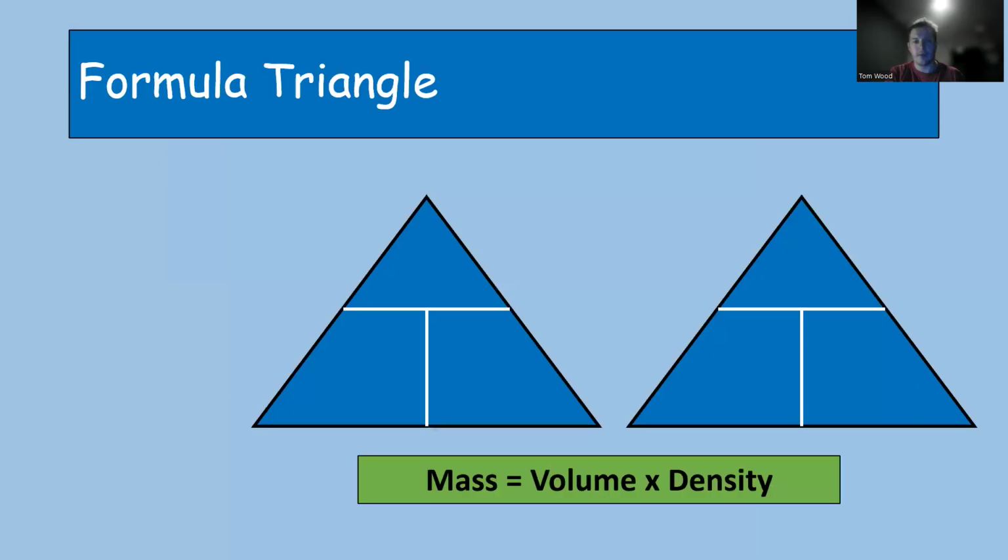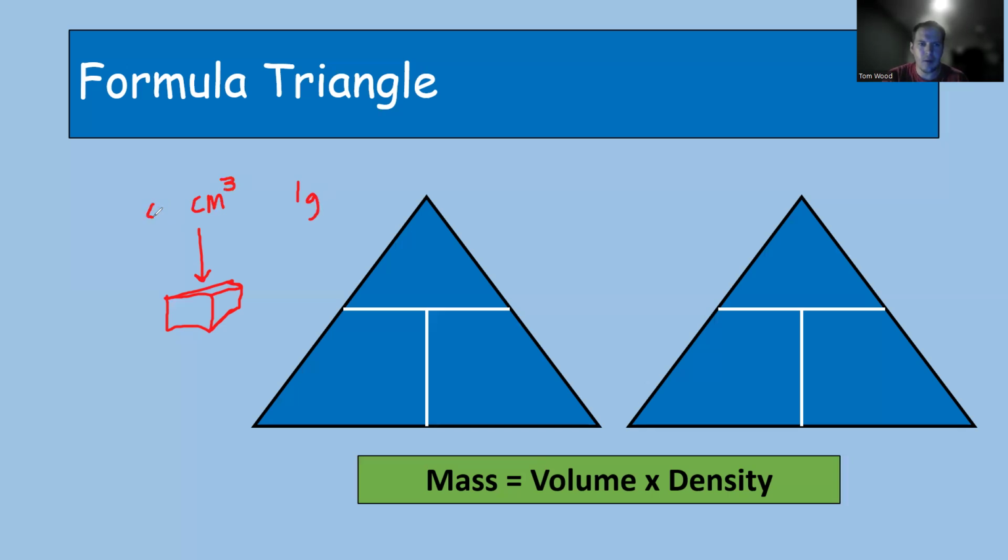If I give you a little bit of an idea before we go on to these formula triangles, we know that whenever we're measuring something, it is always in cubes, isn't it? When we talk about volume. So let's say I've got this 1 cube here, 1 centimeter high, 1 centimeter long, etc. And let's say that it weighs 1 gram, okay?